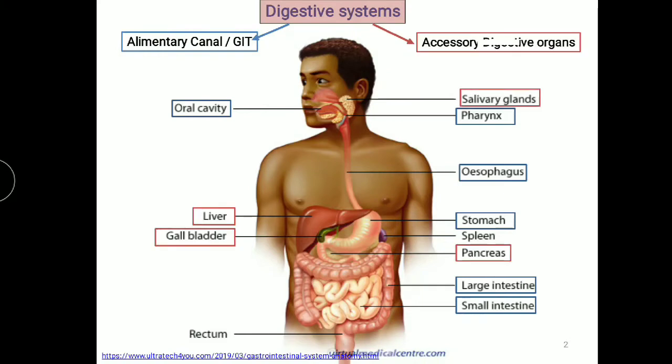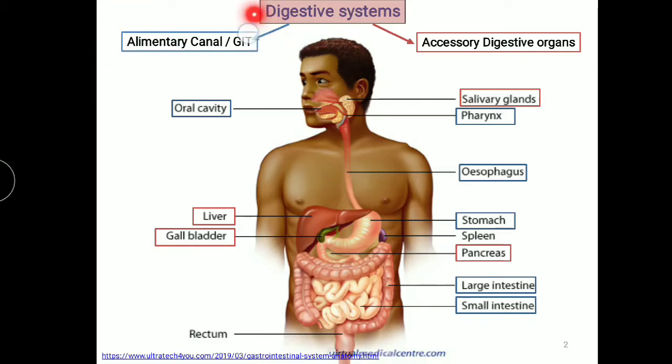The accessory digestive organs comprise the second group and are critical for the breakdown of food and the assimilation of its nutrients into the body. Accessory digestive organs, despite their name, are crucial for the functioning of the digestive system.